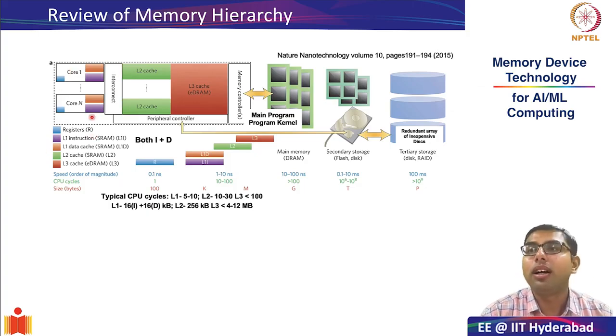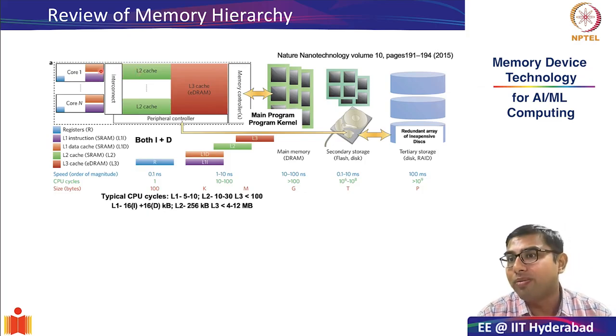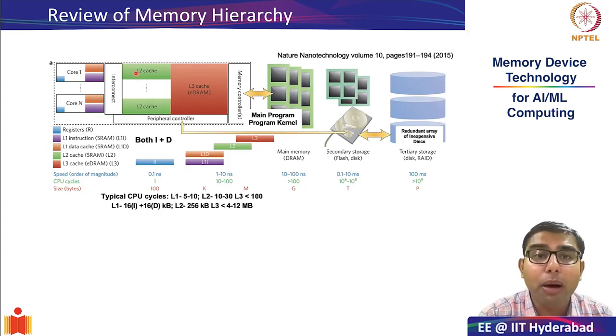Coming back to the next level of caches, which is L2 caches, you can see the L2 caches here indicated in green color and interfaced through the CPU subsystem interconnect, also specific to individual cores. So for as many cores, generally the same number of L2 caches are allotted, one to each core.